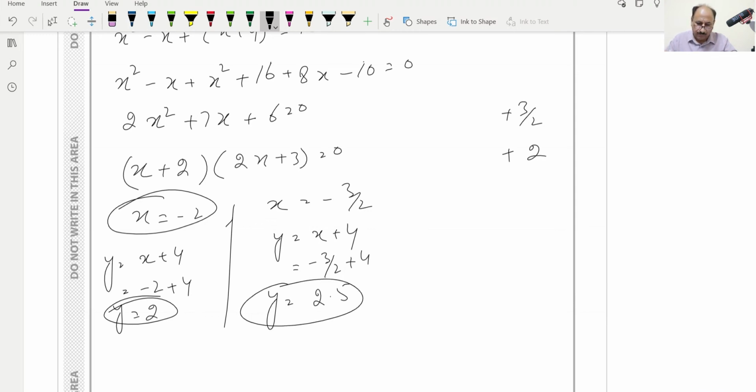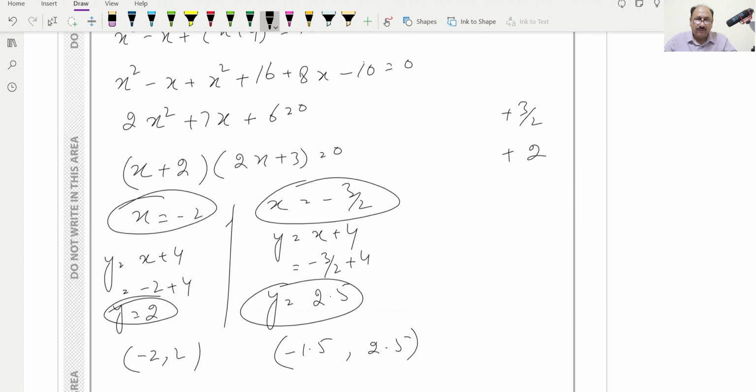So now we can find the distance basically. One point is minus 2 and 2, and the second point is minus 1.5 and 2.5.